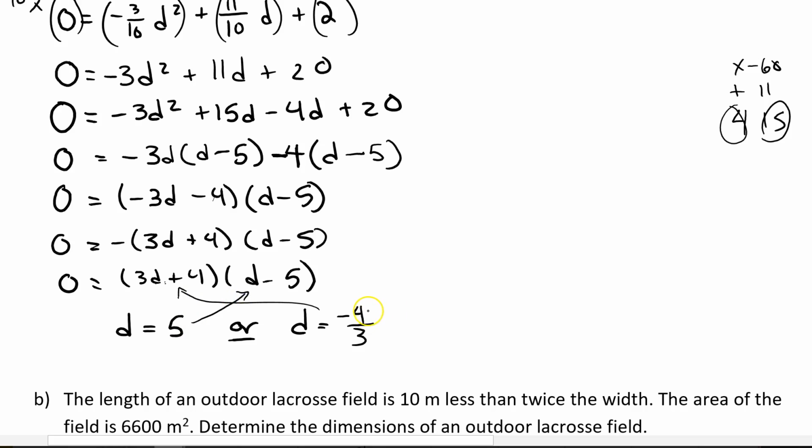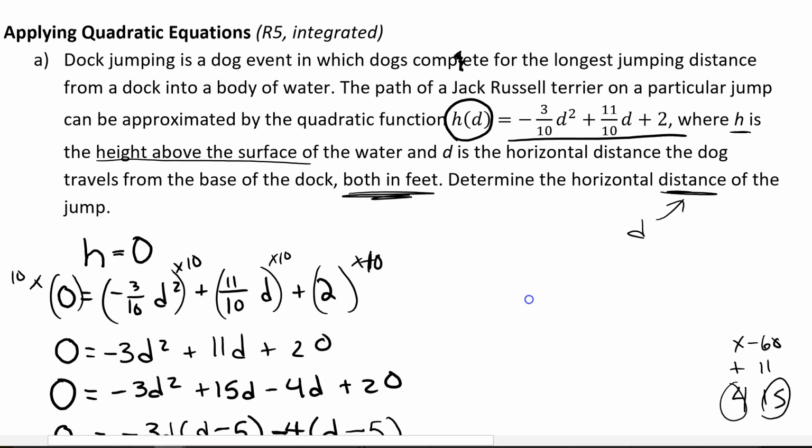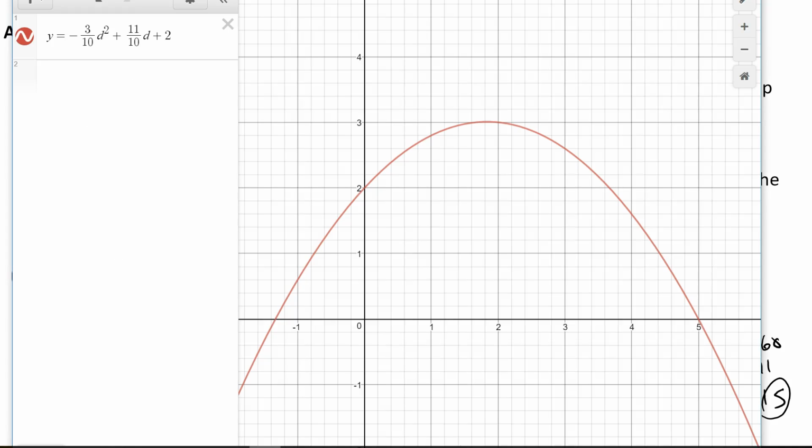So let's think about it. Can a distance ever be negative? I guess a distance can be negative when we're talking about physics. But when we say that it starts at a specific origin, we want to make sure that we can conceptualize it like this, saying that we're starting where the distance is 0. We don't start at a distance of negative something.